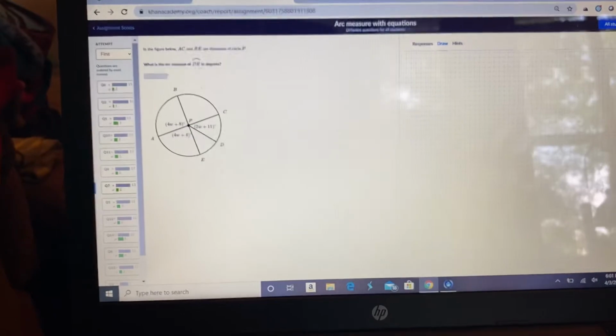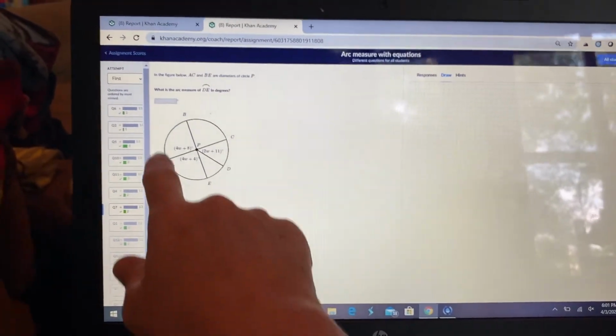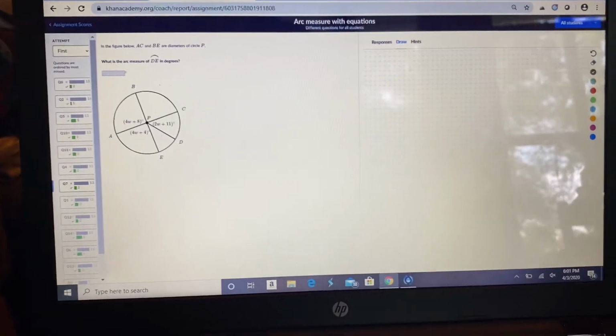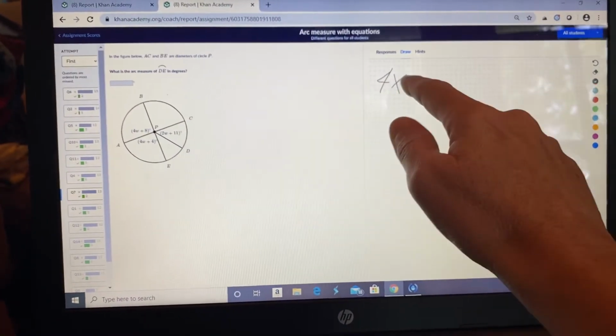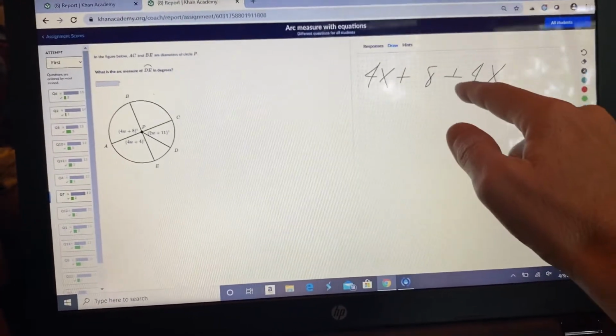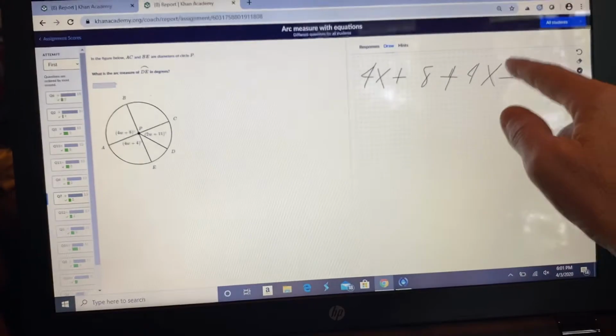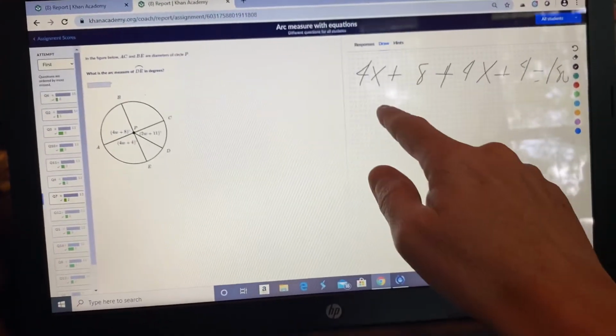So on this one that's been missed quite a bit, do you realize that BAE is a semicircle? And since it's a semicircle, that means that these two add to 180. So 4x plus 8 plus 4x plus 4, all that adds to 180.